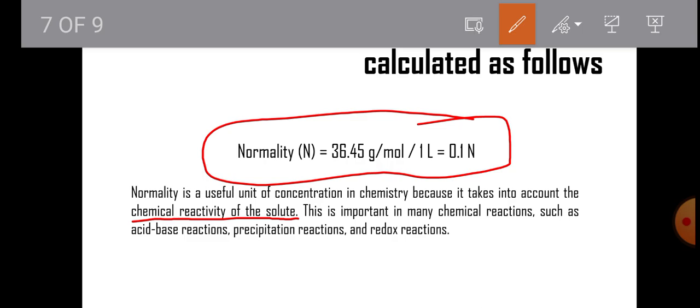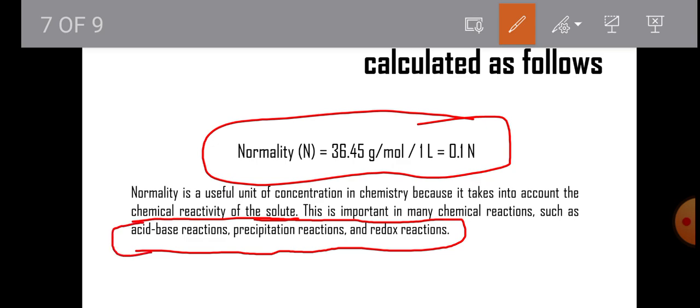This is important in many chemical reactions such as acid-base reactions, precipitation reactions, and redox reactions. These are examples of why calculating normality is essential in chemistry, because it can be used to study various chemical reactions.